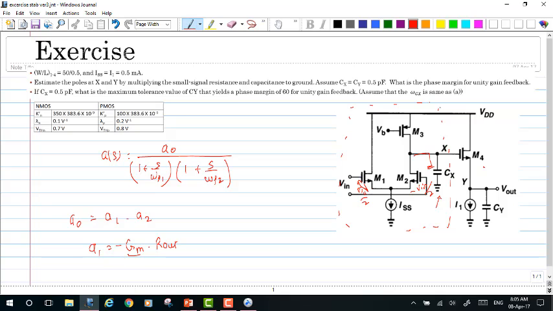Due to this, the currents flowing through M1 and M2 would be GM1 by 2 times Vin, and over here minus GM2 by 2 times Vin.